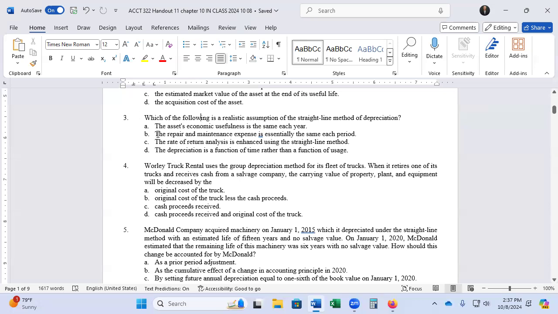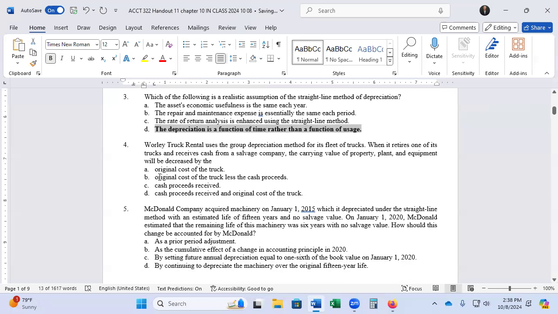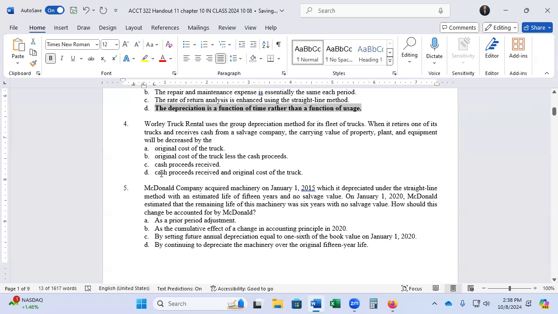So it is not A. The repair and maintenance expense is essentially the same each period. Again, it assumes that, but it's not really realistic. The rate of return analysis is enhanced using the straight line method. Could be, might not be. The depreciation is a function of time rather than a function of usage, and that is true. Because we're looking at it and saying each time period is going to do the same amount of depreciation.